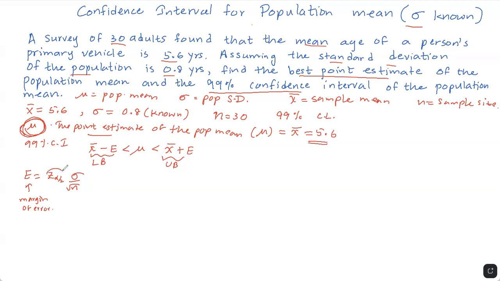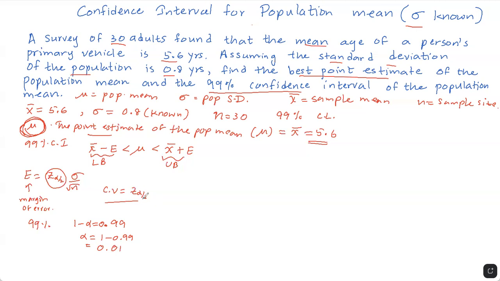So as you can see, we have to find the critical value. So the critical value is z alpha over 2. Let's see how to find this one, right? So you have to look at the 99% confidence level, which is 1 minus alpha equals 0.99, right? Then alpha will be 1 minus 0.99, which is 0.01.